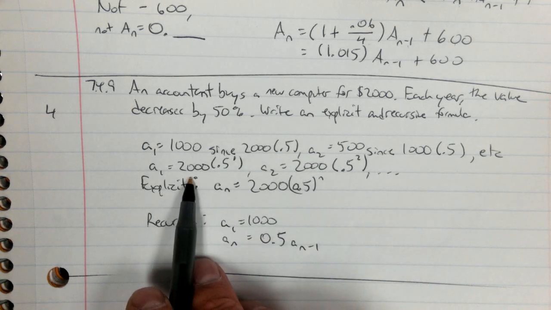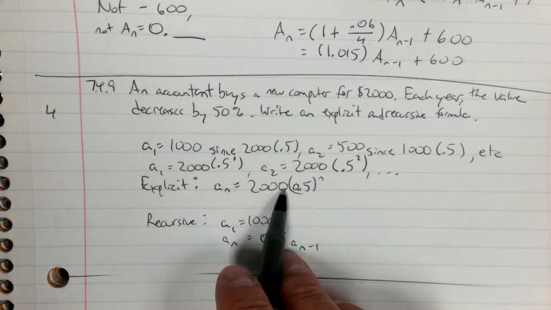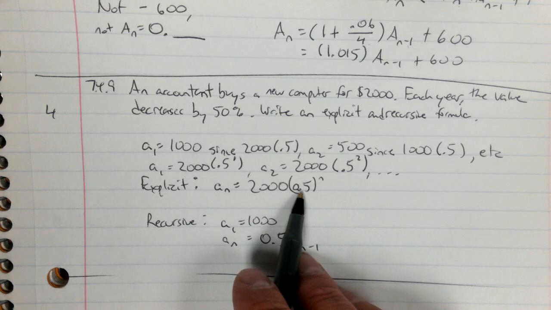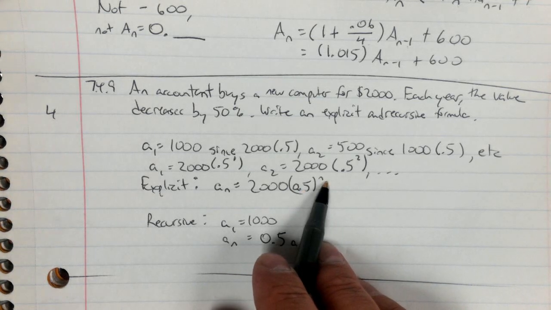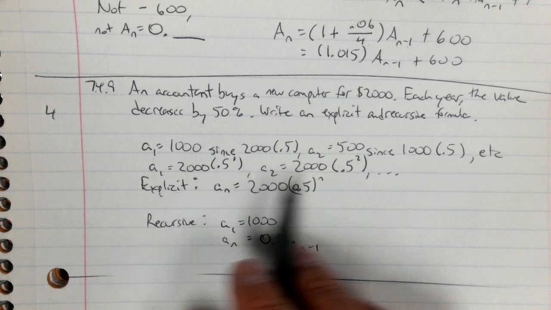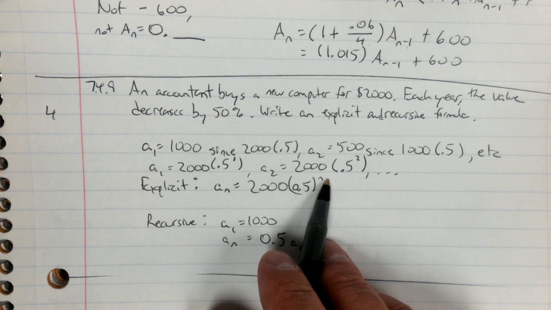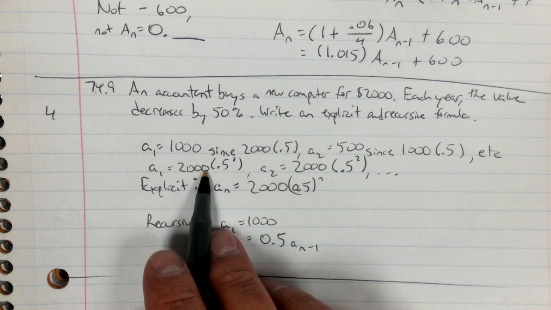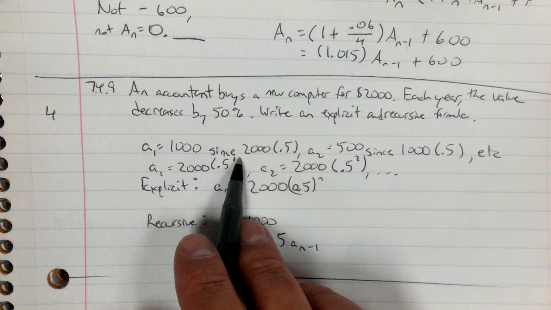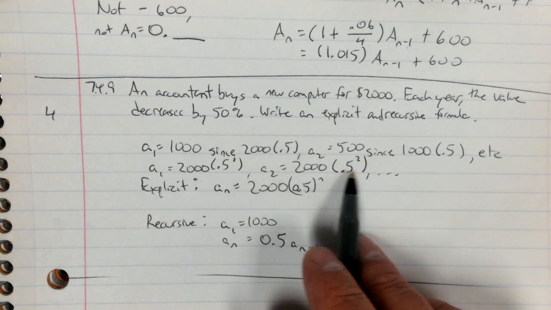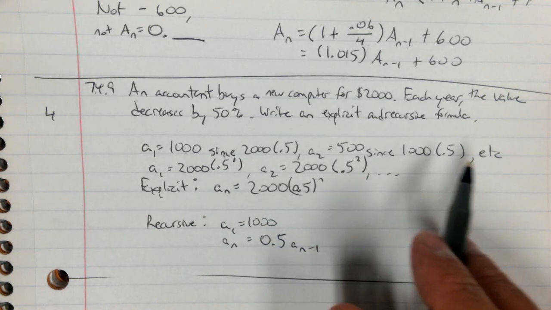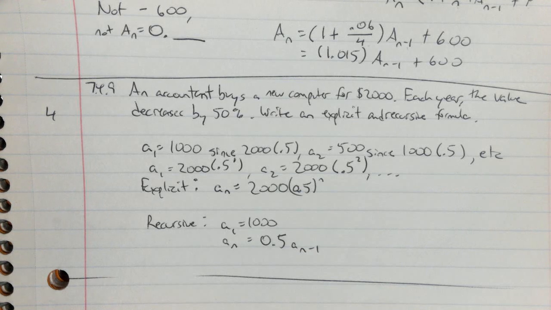So for your explicit formula, you start with 2,000, and then you have 0.5 to the n. Remember, explicit uses exponents. So this first term would have been 0.5 to the first, second term 0.5 squared, then 0.5 cubed, and so on.